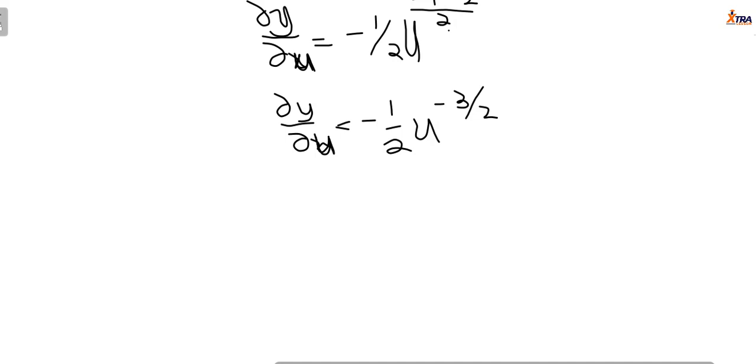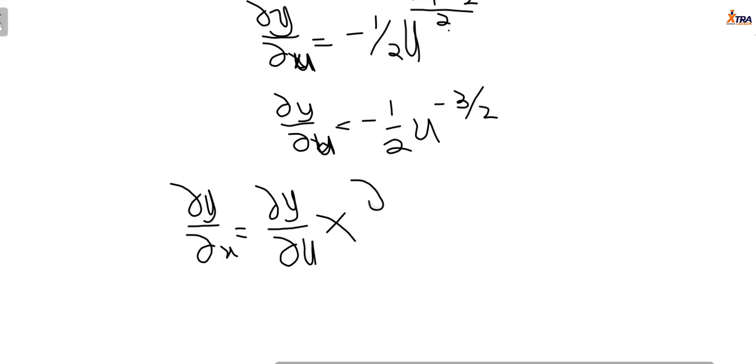Now, from our chain rule, dy over dx equals dy over du times du over dx.